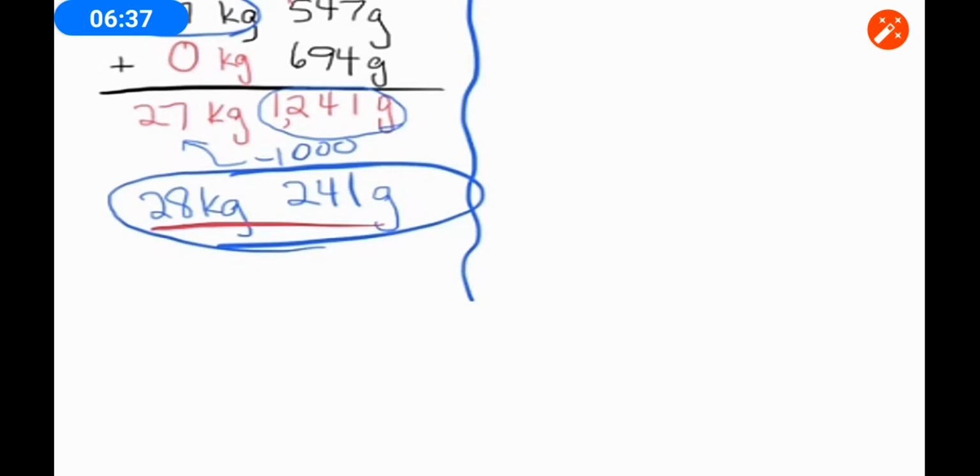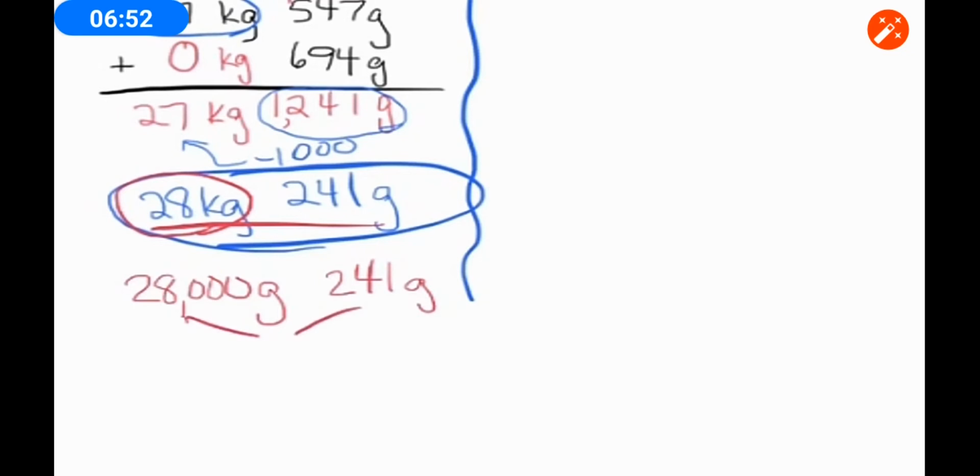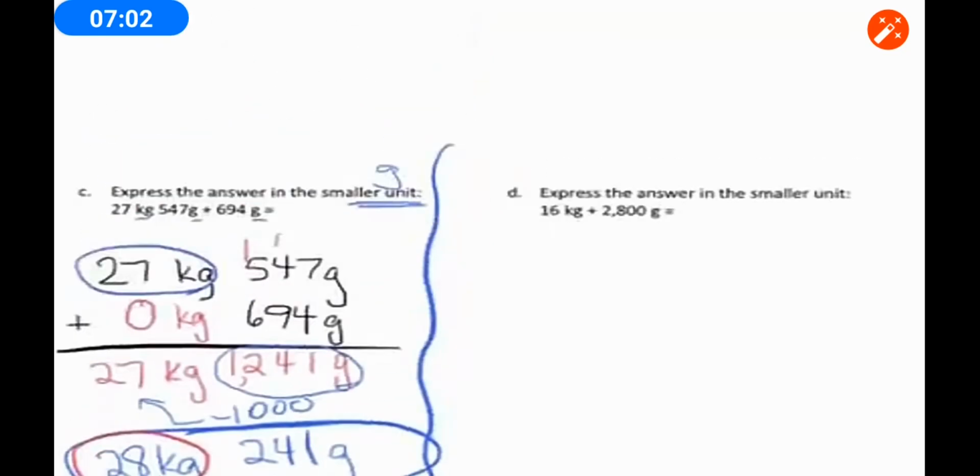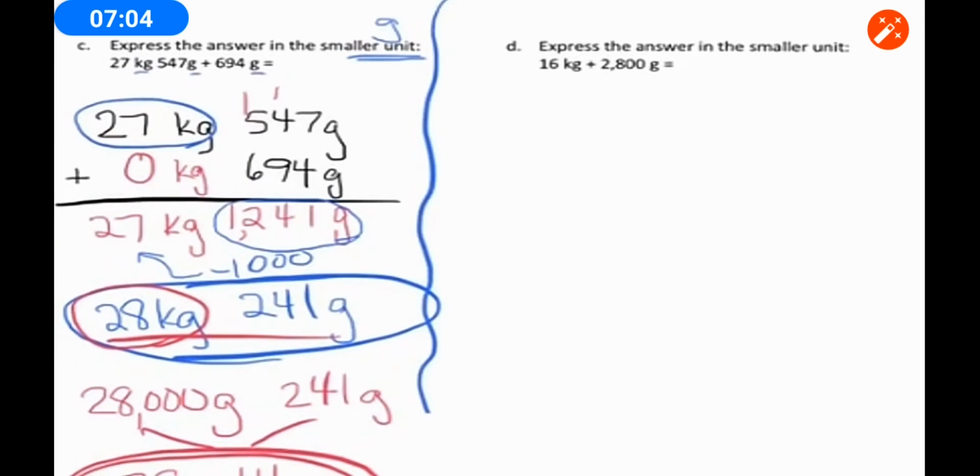Yes, 28,000 grams plus your 241 grams. Add them together. You get what? 28,241 grams. Good. Okay, we are going to take a look at another example.